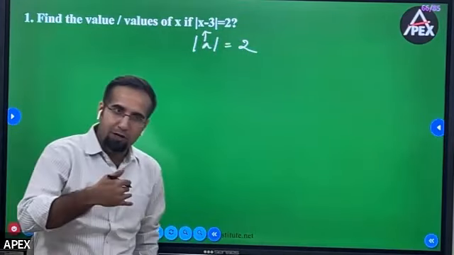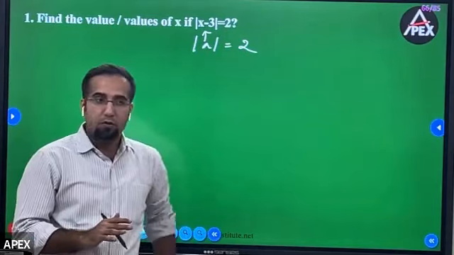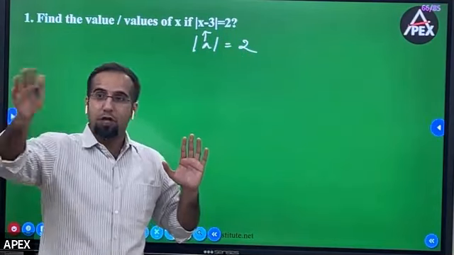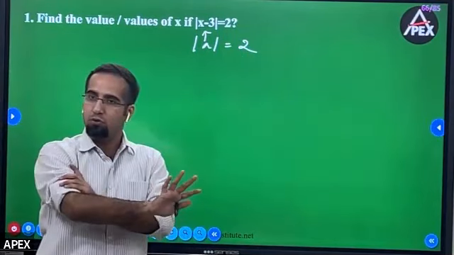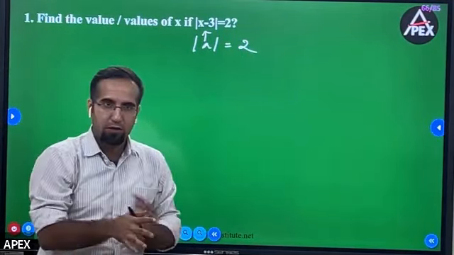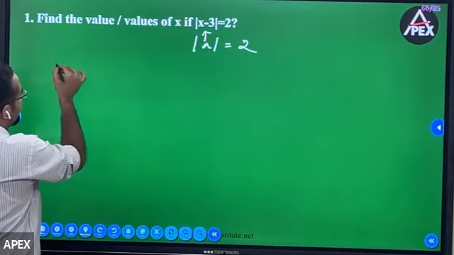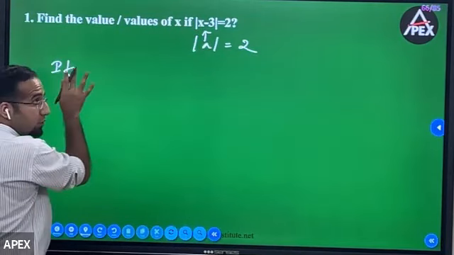Now let's go back to the mathematical definition: if a is greater than 0, then mod a is equal to a. So mod a is equal to 2. If a is greater than 0, which means, I repeat, do not say if x is greater than 0.